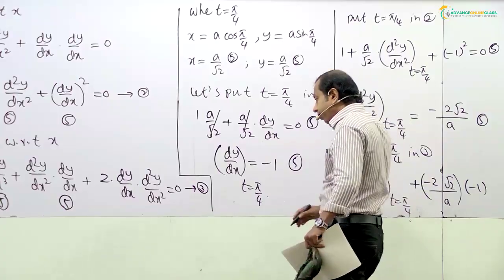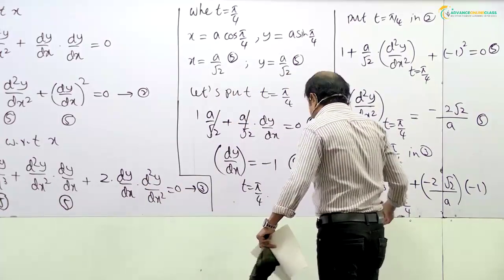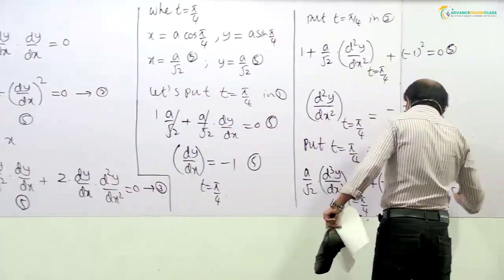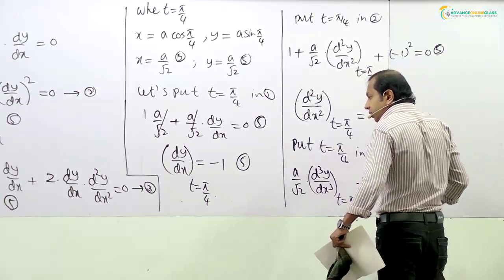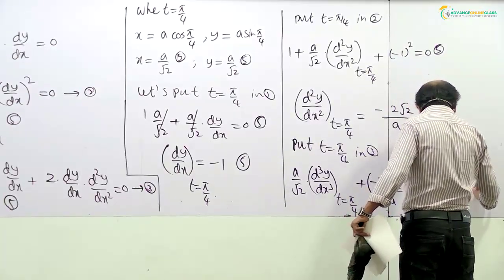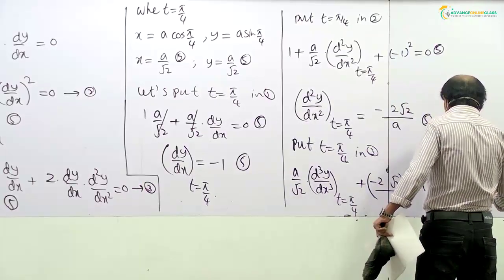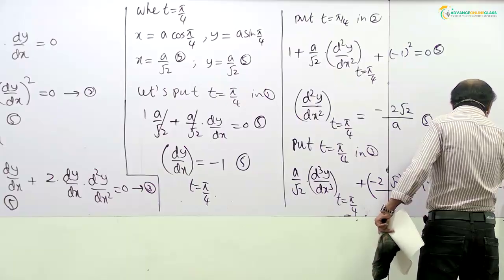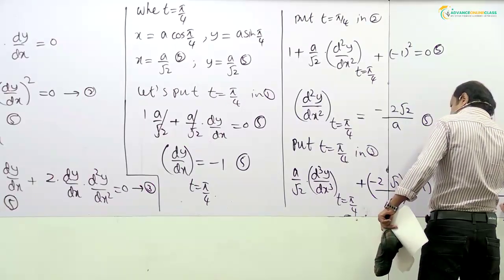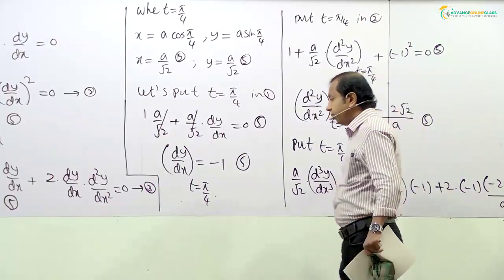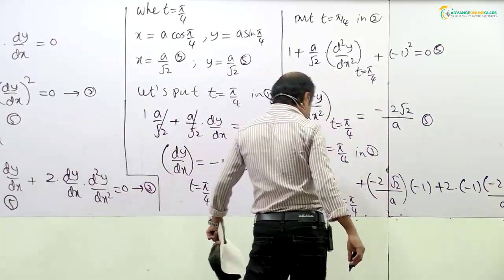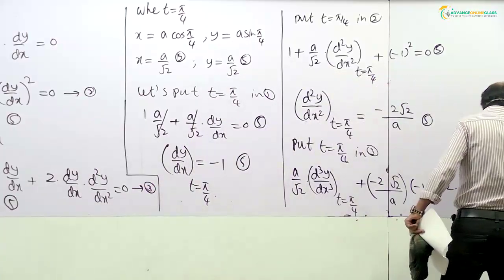And here plus 2 times first derivative dy by dx, which is minus 1, and second derivative here, minus 2 root 2 over a. Number 3 equals 0, right?